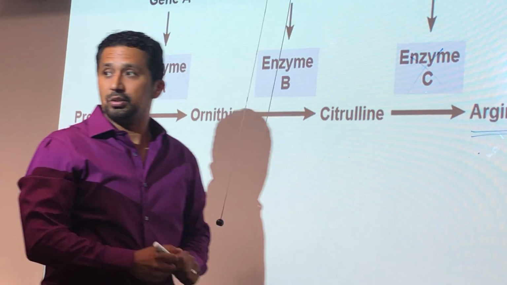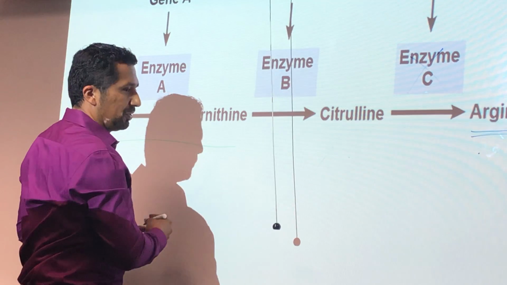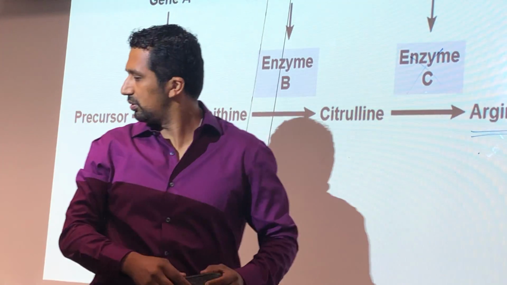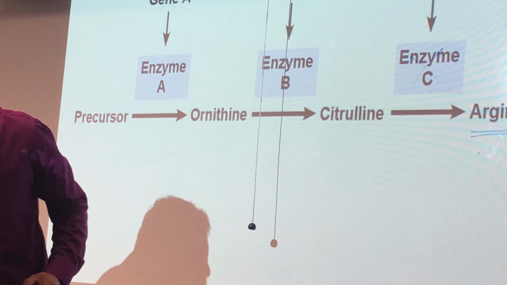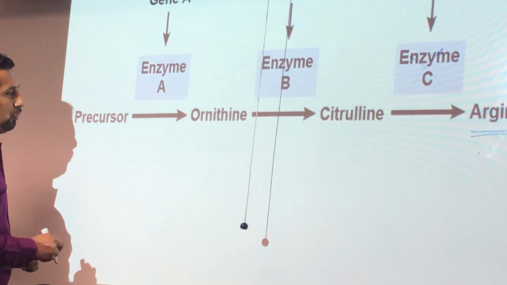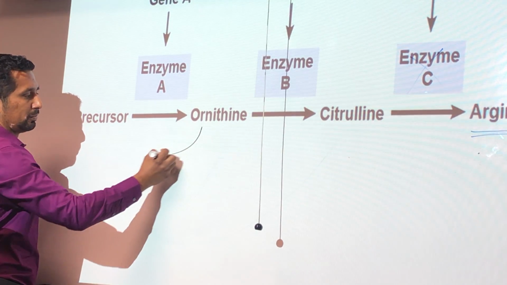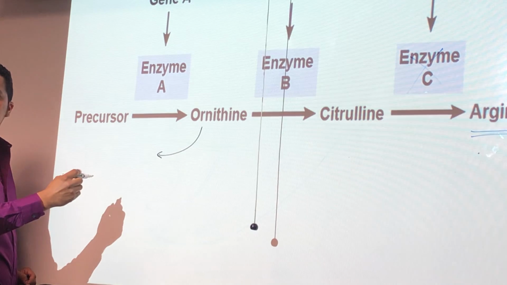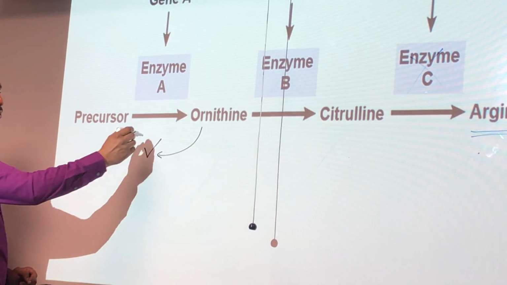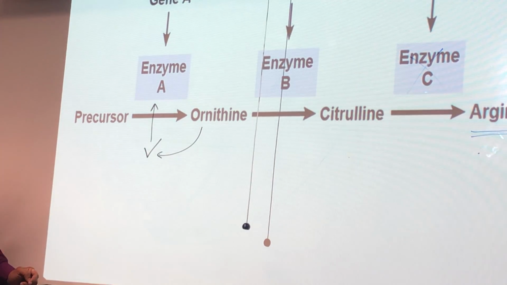If you add ornithine, let me put it this way, okay? So if you add ornithine, and it lives, then that tells you that it is enzyme A, the one that is faulty.